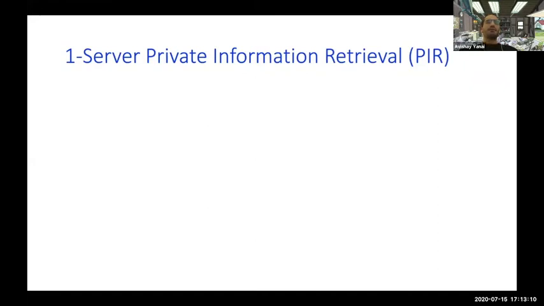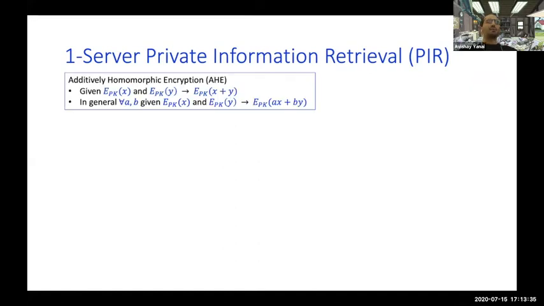It's constructive to start with a single-server private information read, as a stepping stone towards the private information write of Blinder. So how do we build such a scheme for private information retrieval? We will use an additively homomorphic encryption scheme.